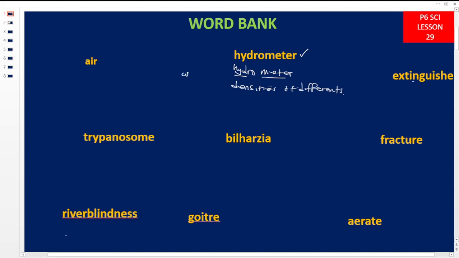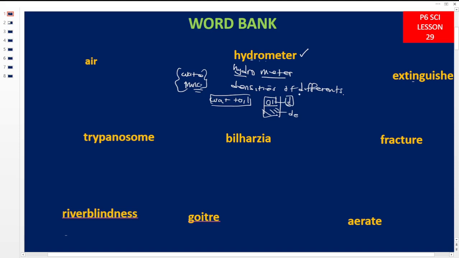For example, you can have water and also maybe milk. All these are liquids, but they have different densities. When you have water plus cooking oil, they have different densities. That's why you'll find oil settling on top, then water at the bottom, meaning that this one has its density and this one has its density. So to know the density of this oil, we use an instrument called the hydrometer.